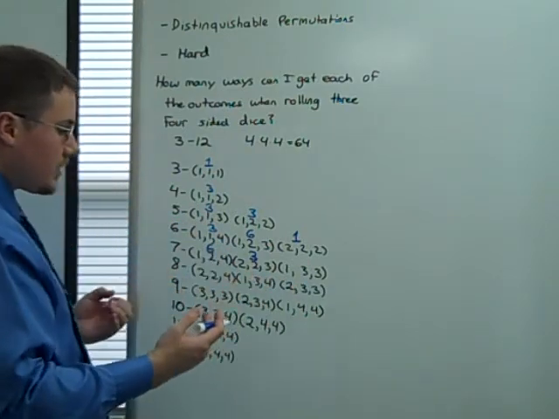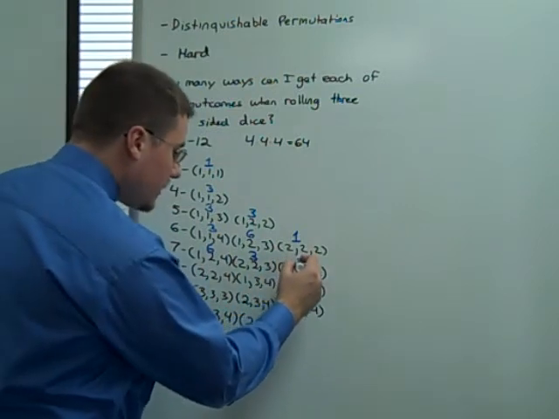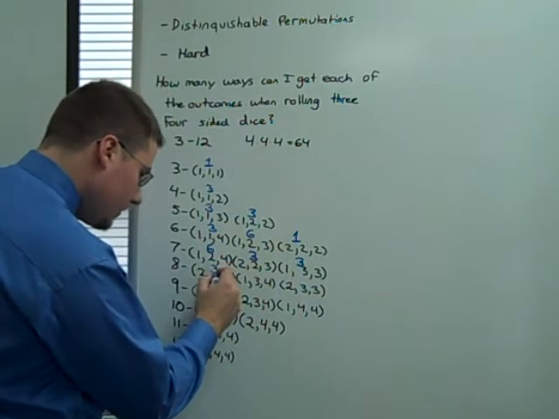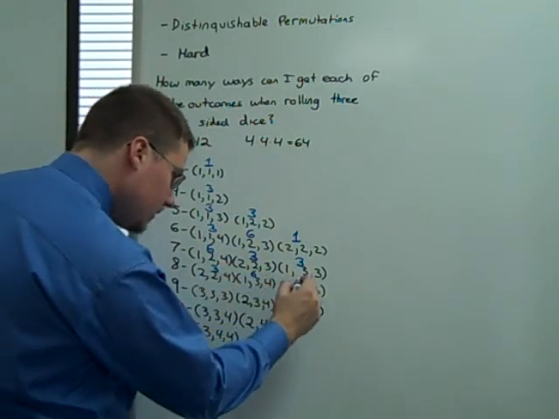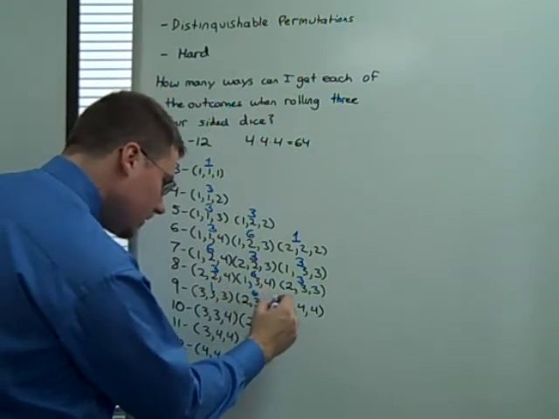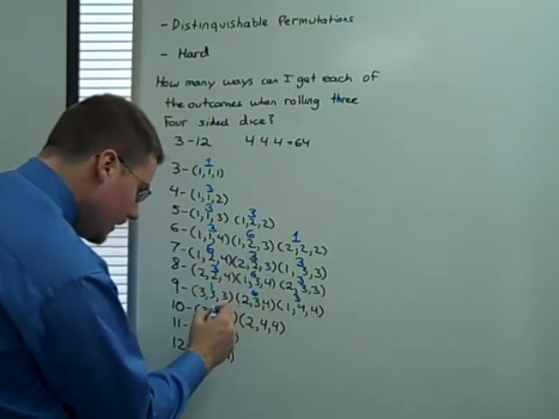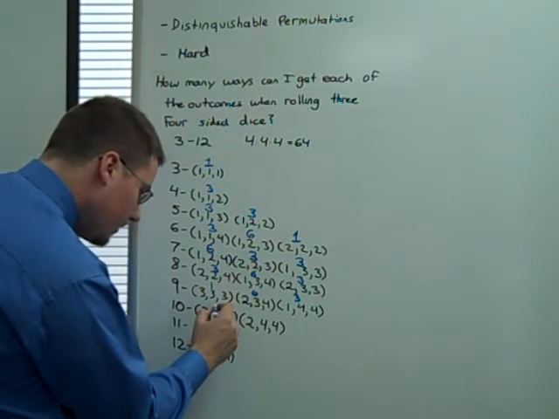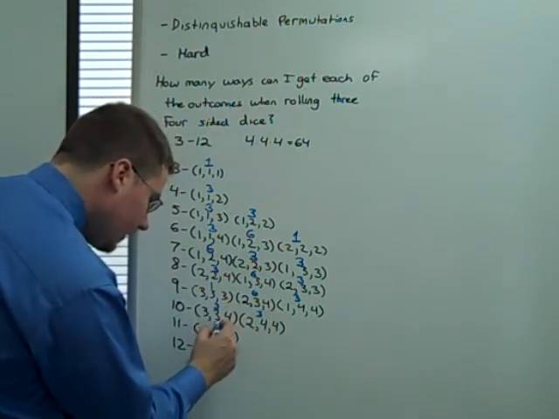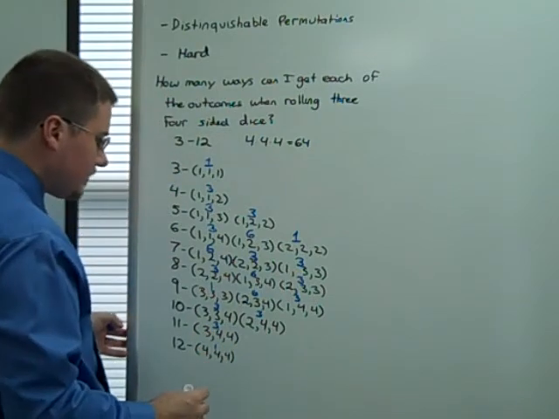And those are the only options I have. So this is going to be 3 as well. This is 3, 6, 3. This is 1, 6, 3. Then there's 3 and 3. Then 3 and 1.